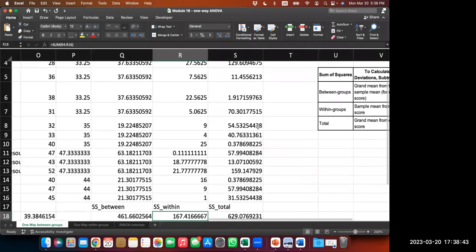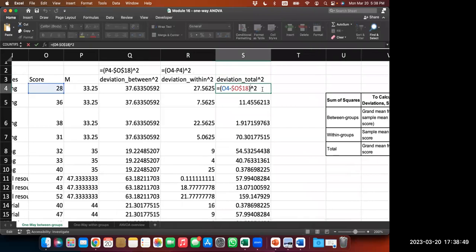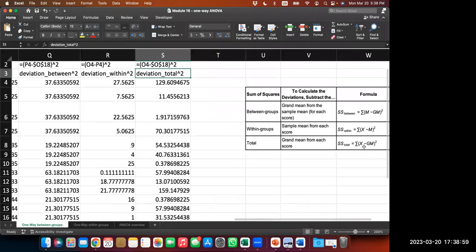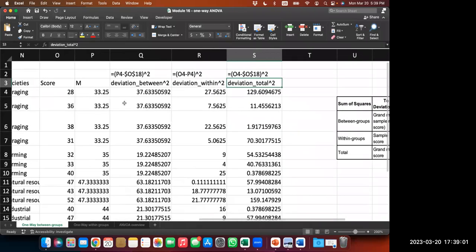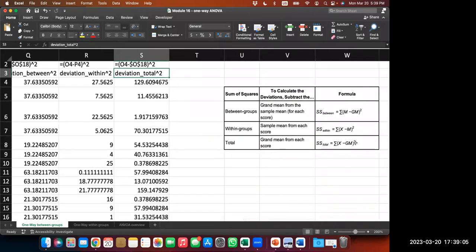Okay. Yep. So this is basically the individual score X, which is here in column O for me, minus the grand mean, squared.